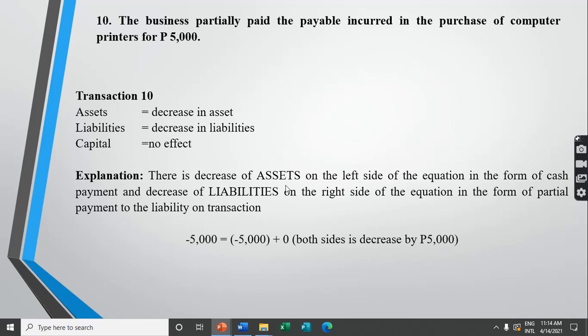There is a decrease of assets on the left side of the equation in the form of payment and the decrease of liabilities on the right side of the equation in the form of partial payment to the liability on transaction. Okay? So, nag-partial payment siya sa liabilities niya. So, both side, nag-decrease siya ng 5,000.